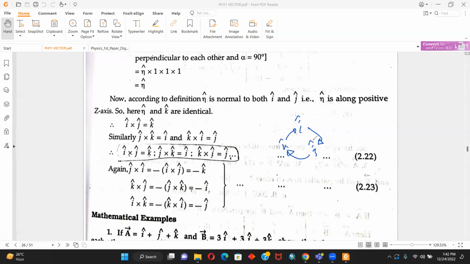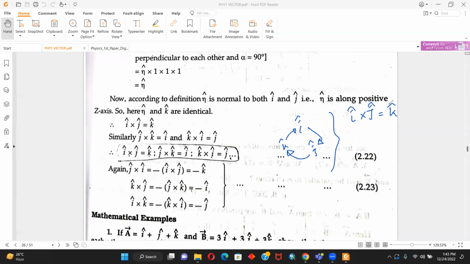Now, what is the significance of this? From this circular series of pattern, you could understand the cross products. From this, you can easily say that I cap cross j cap equals k cap.